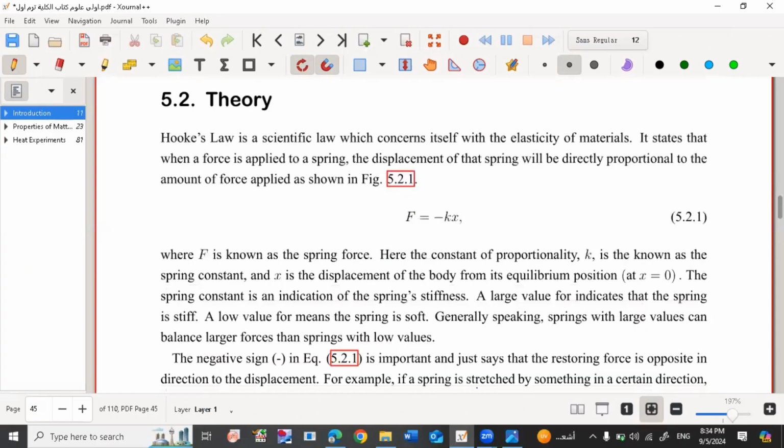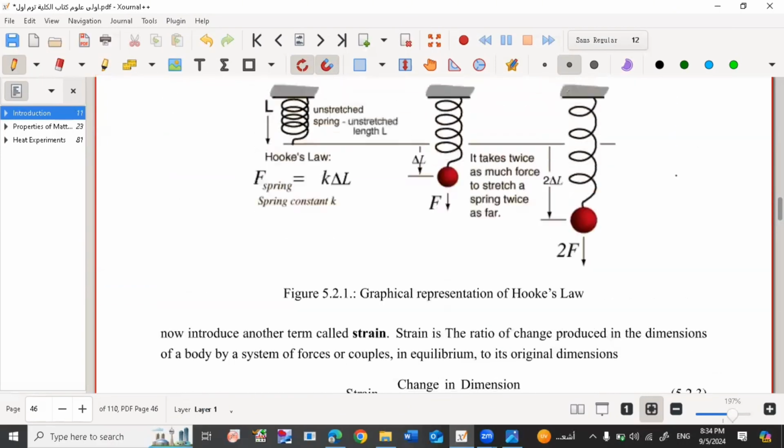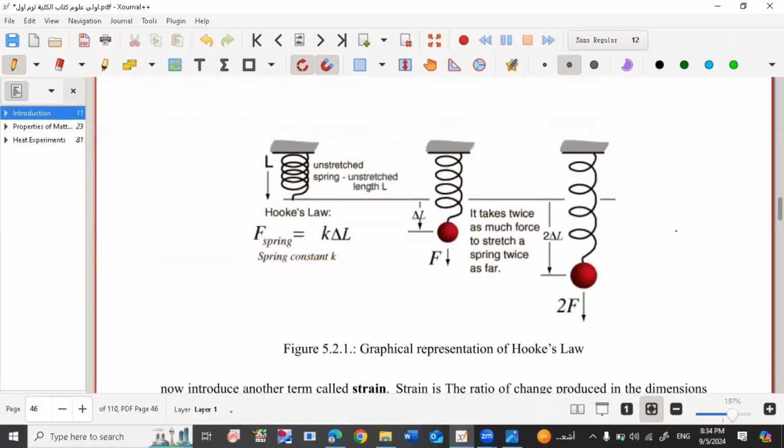So if we have this spiral here, we need to know, if we affect it by an external force, what will happen to this spiral.